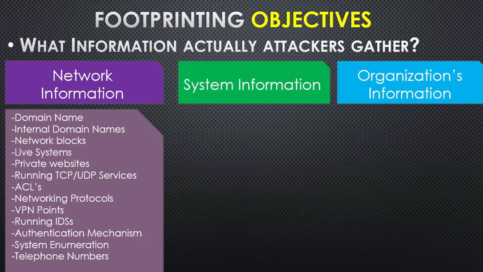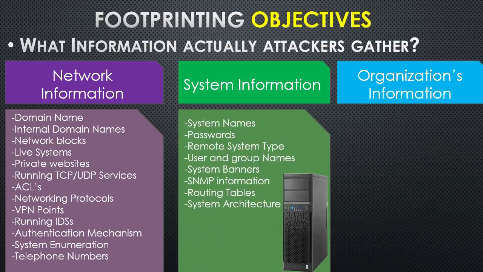Likewise, during the information gathering process, attackers collect system information like system names, passwords, remote system types, user and group names, system banners, SNMP information, routing tables, and system architecture.